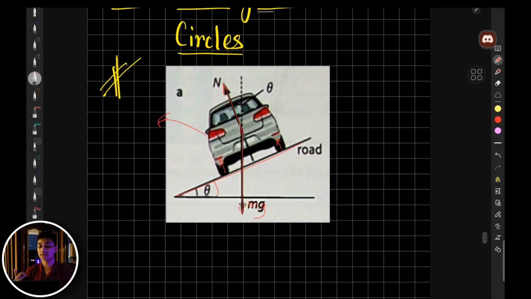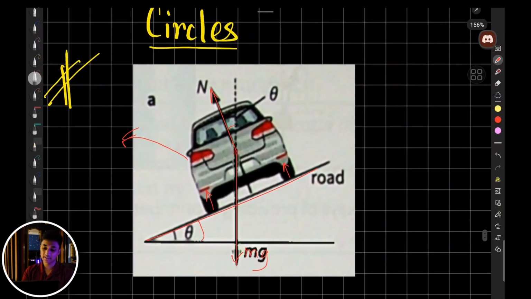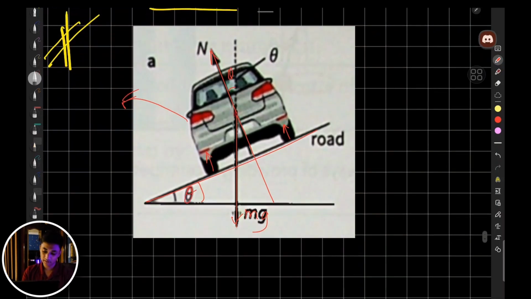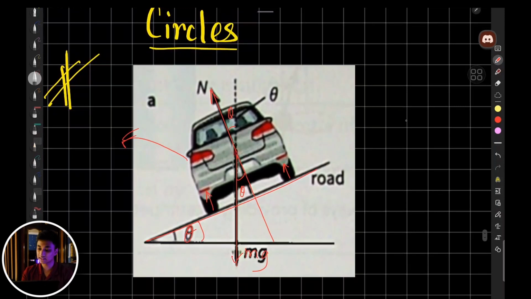Now, this angle in the normal reaction force is going to be equal to theta, because if this angle is theta, you should already know the angle between the perpendicular and the vertical line is going to be theta as well.